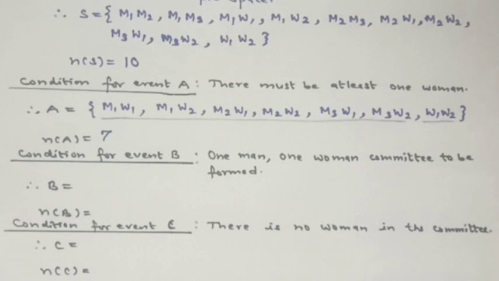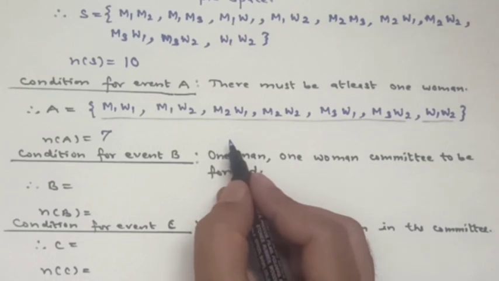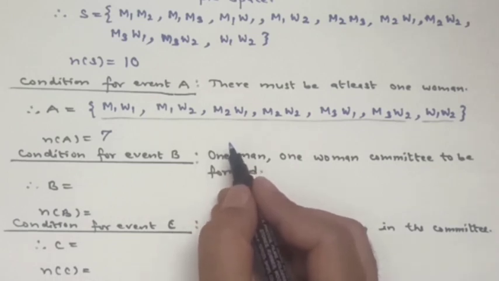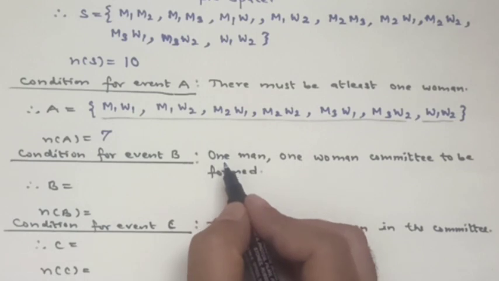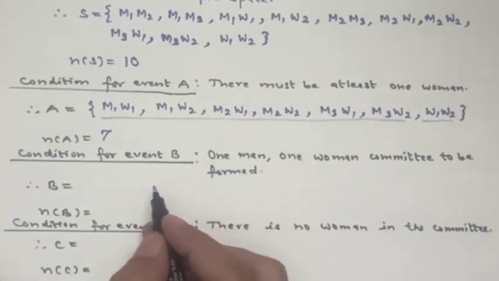Now next, one man, one woman committee is to be formed. Look at the previous question. You are having one woman, that means one woman and one man. Also 2 women where there is no man. So it's a very simple one. You have to find out one man and one woman.